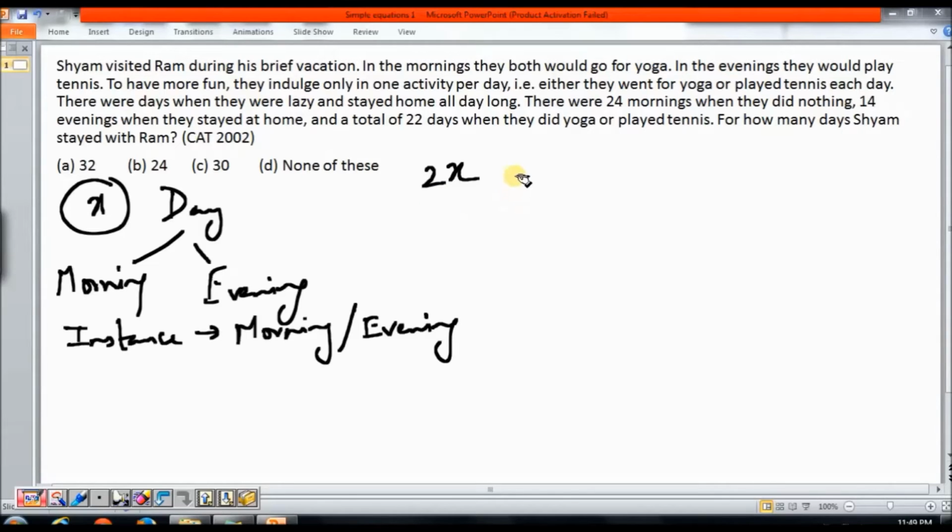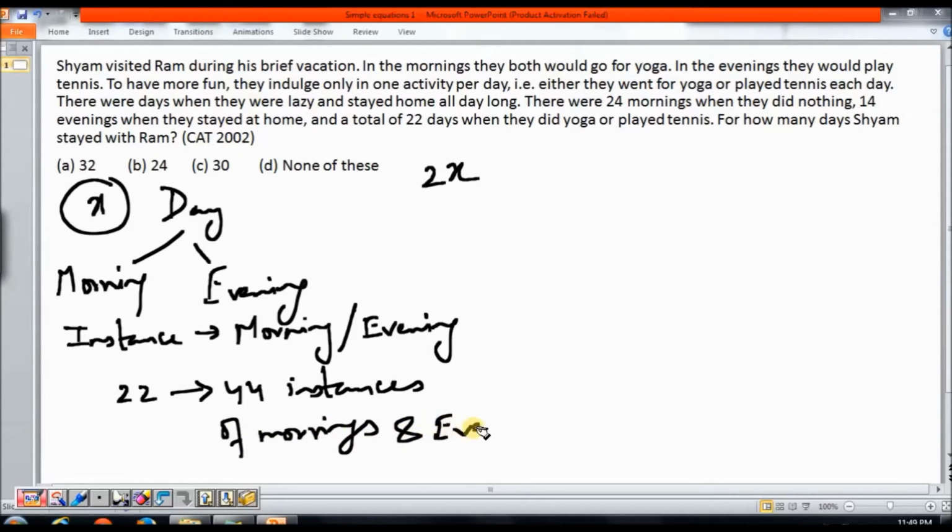And we know that they did yoga or played tennis for 22 days. These 22 days would have had 44 instances of mornings and evenings together. Now, it is clear from the question that they will not play and do yoga on the same day.